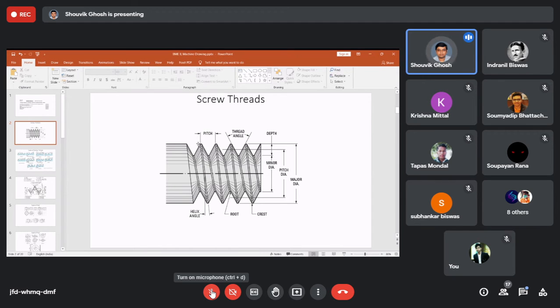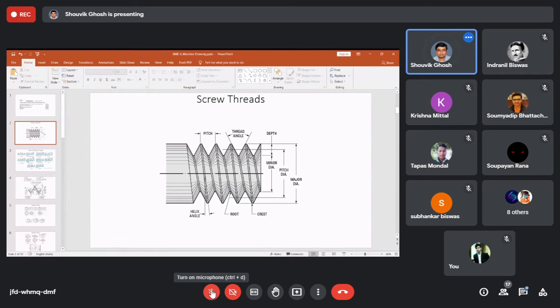Okay, pitch is the distance between two consecutive threads, or we can say two consecutive crests. These are two crests, the distance between the two crests is the pitch for a screw thread. Thread angle, that is the V angle that is made by the slanted thread cut of the screw thread.